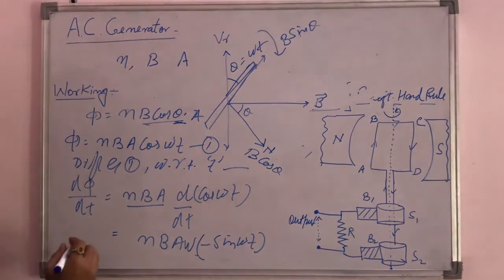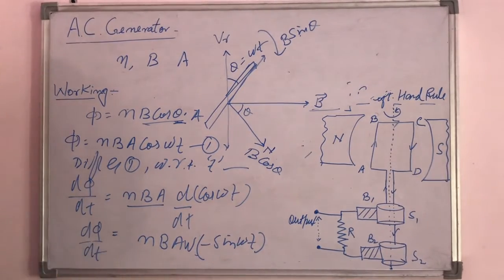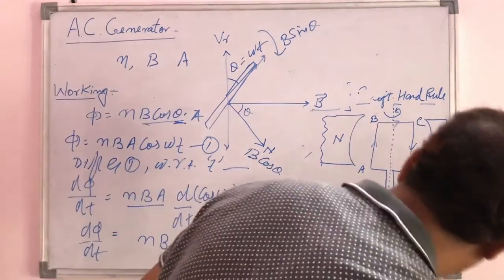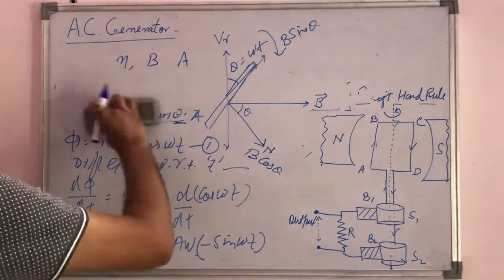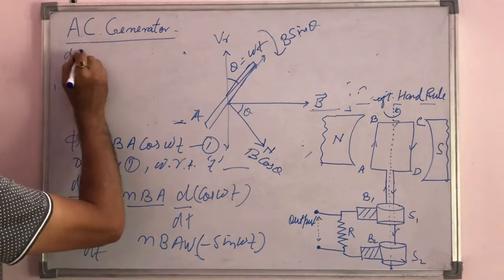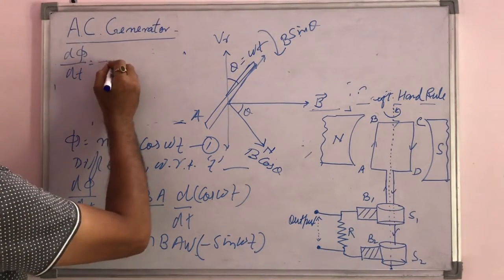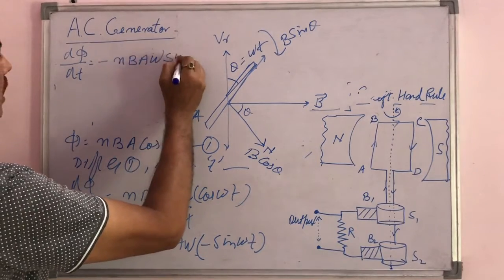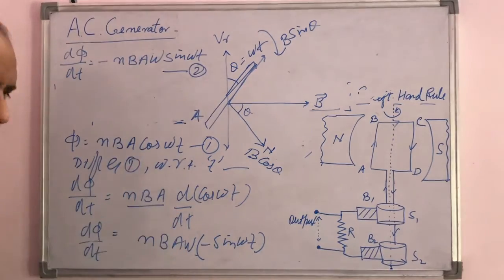So d phi over dt equals minus NBA omega sin omega t. This is equation number 2.